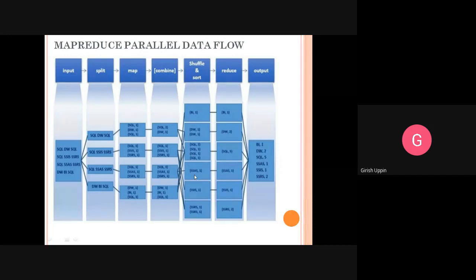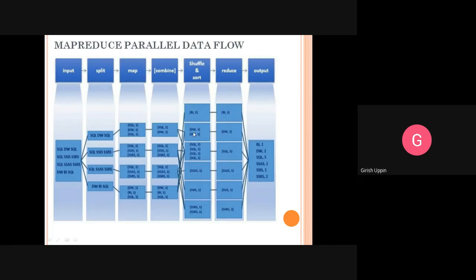All SSAS keys are shuffled into one. Then this is SSRS, and this is SSIS. These are the different keys, so all these keys are distinct. You can see all the keys are first sorted, and then they are shuffled according to their key values.